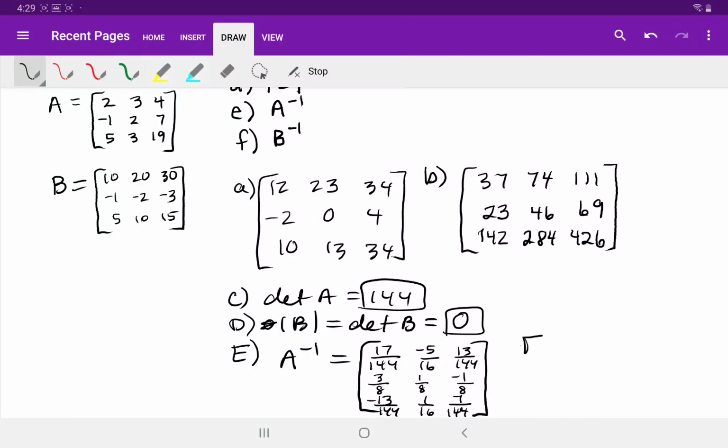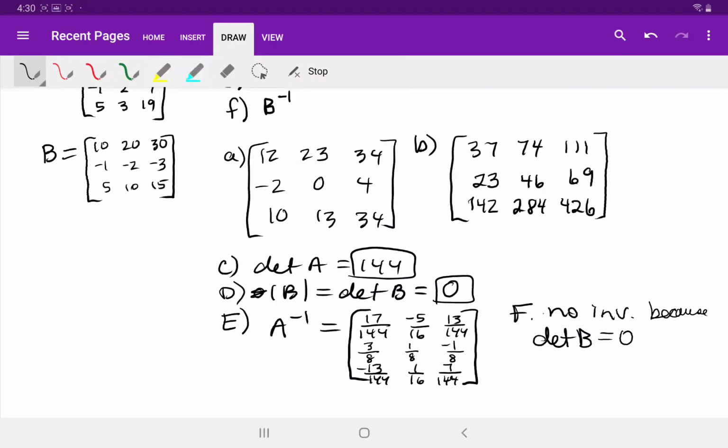Okay, and then F was no inverse, and that's because the determinant is 0. I probably shouldn't just put determinant equals 0. I should put determinant of B equals 0. We'll put because. Also, there's no inverse if they're not square matrices. Square matrices means that you have the same number of rows and columns.